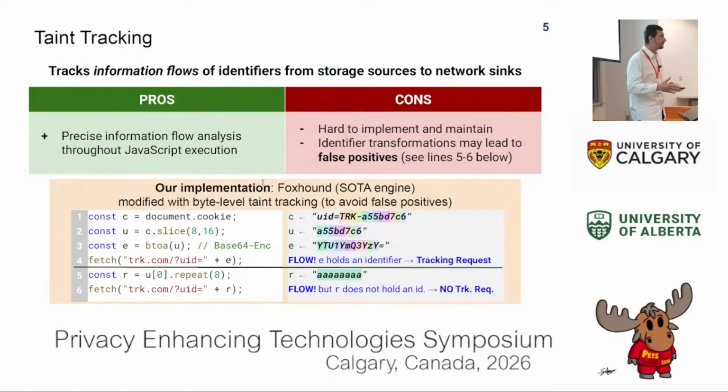However, it is very hard to implement, often requiring some browser modifications. And also, since it tracks all values coming from client-side storage, intermediate transformations may lead to false positives.